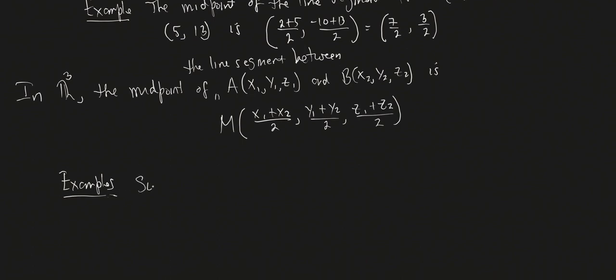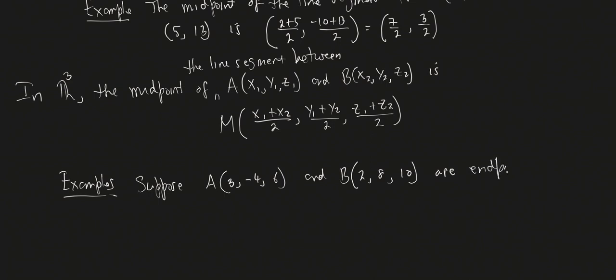So suppose A is (3, -4, 6) and B is (2, 8, 10), and these are endpoints of the diameter of a sphere.